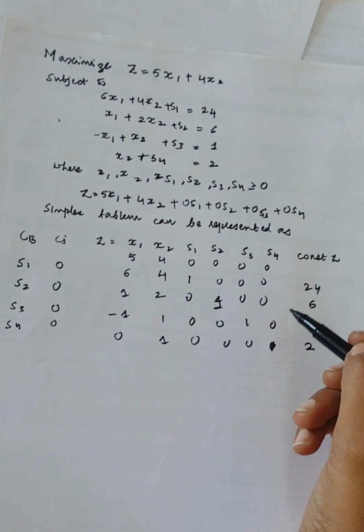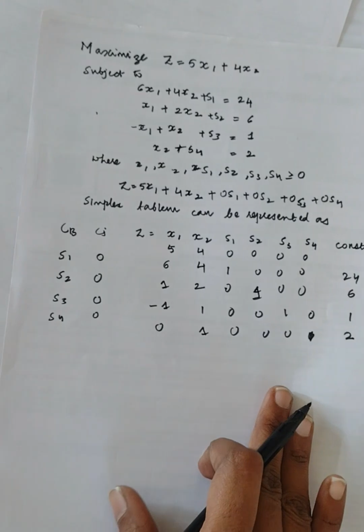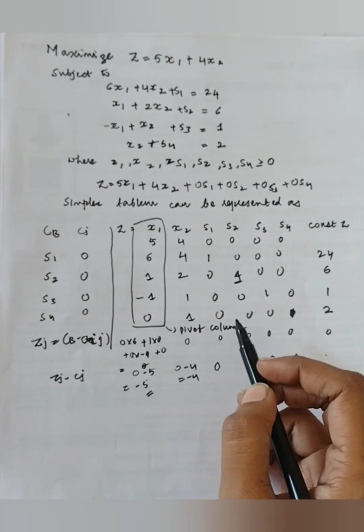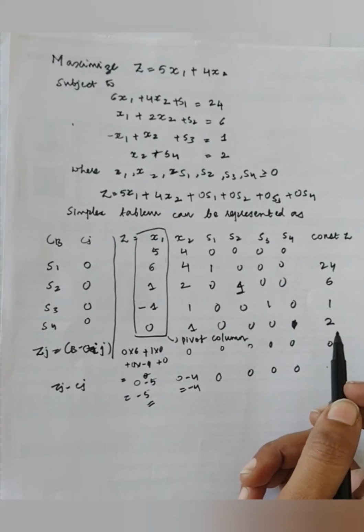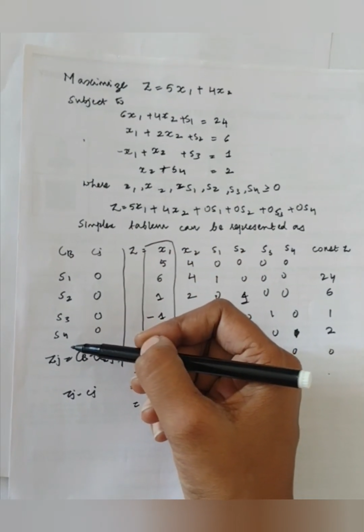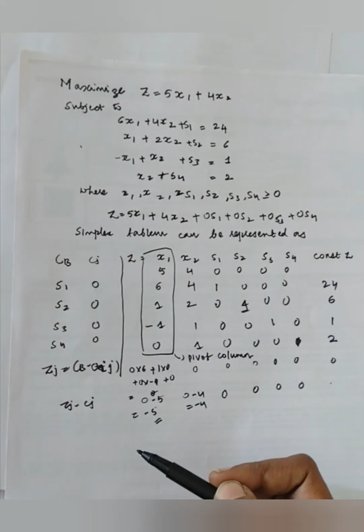This is row 1, row 2, row 3, row 4. S1, S2, S3 and S4 are the basic variables.